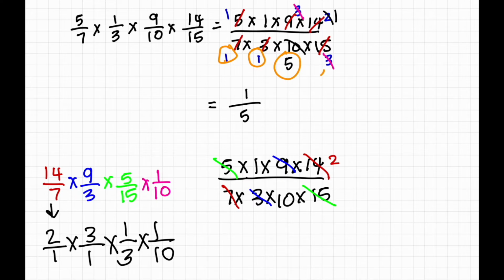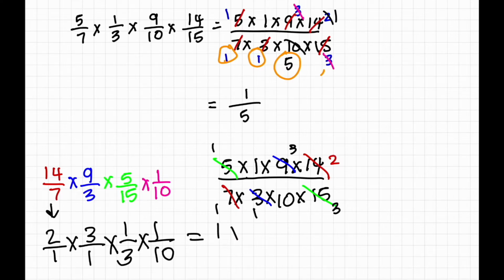So when we write all of these down like this, when we simplify, we just write the remainders of everything that we have left. It looks exactly the same because we can rearrange multiplied numbers, right?